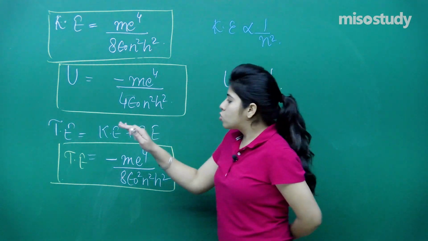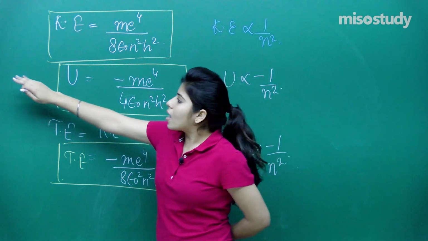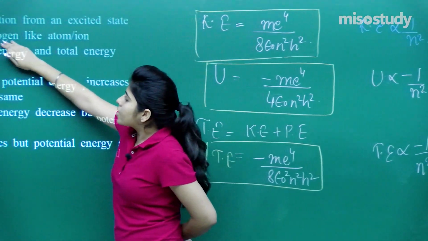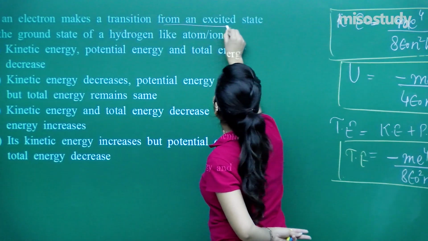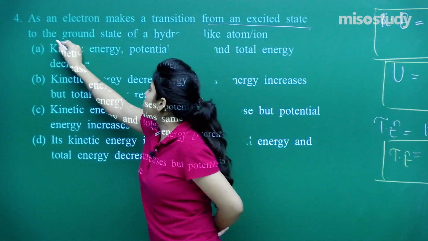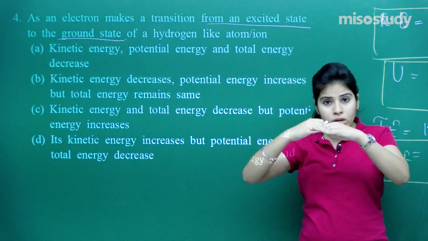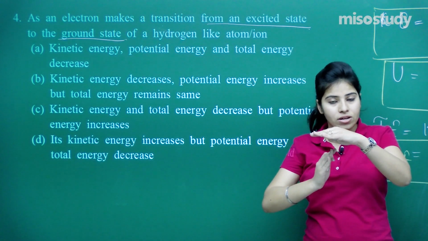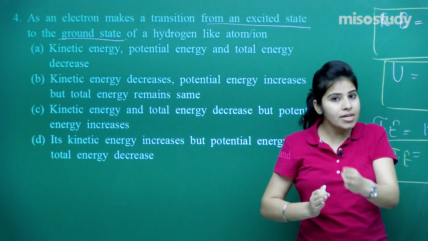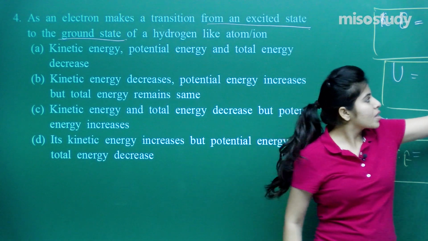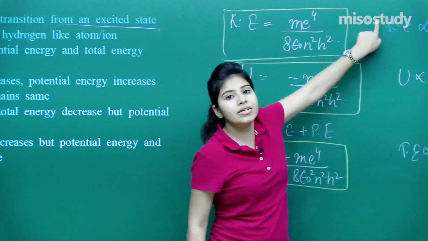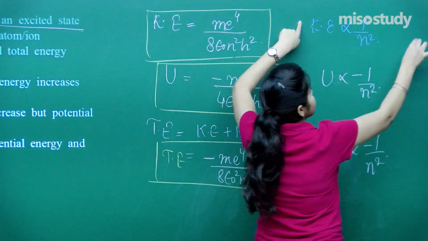So in this case, if we see that the electron is making a transition from the excited state to the ground state, that means your n is decreasing, right? So if n is decreasing, what should be happening? If n is decreasing, your kinetic energy should be increasing.